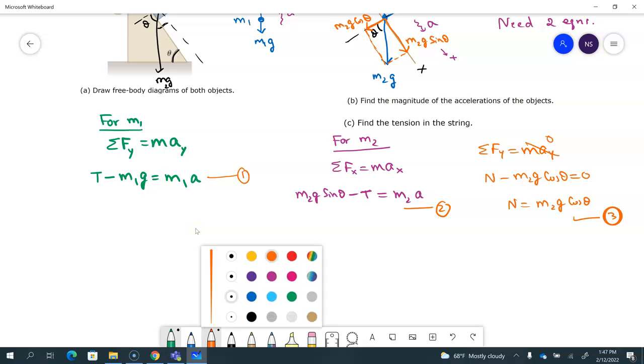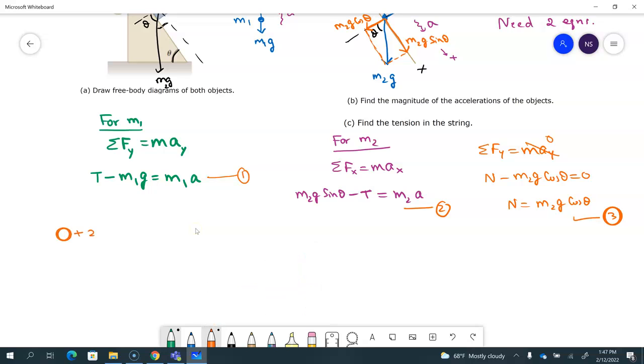So if I do equations 1 plus 2, that will give me, I'm adding the left-hand sides together, so I have T minus m1g, and then I add the left-hand side of equation 2, so that's m2g sine theta minus the tension, that's equal to the sum of the right-hand side, so that's m1a plus m2a, right? So I can get rid of the tension and the minus tension.